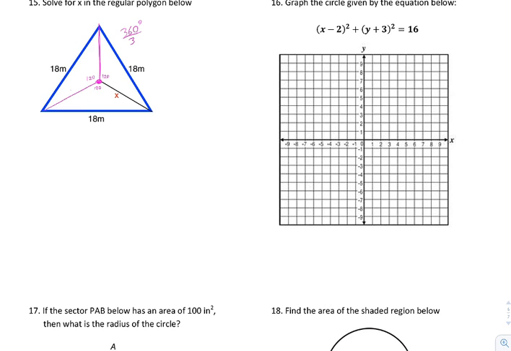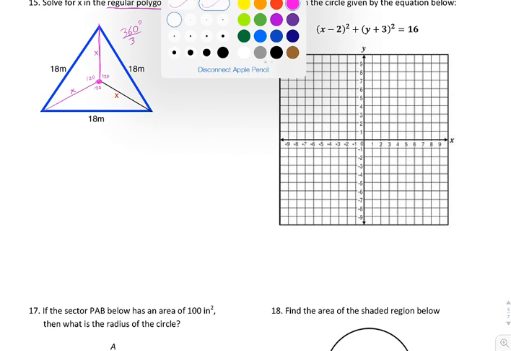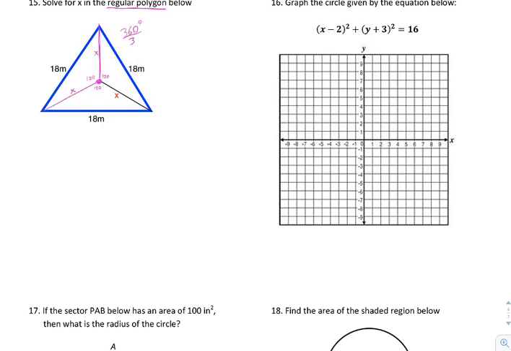Now, since that's the center, and this is a regular polygon, each length here is x. And so it really comes down to splitting that down the middle. It's an isosceles triangle. We get that perpendicular bisector. So we get a 9 here, a 9 here. This becomes a 60. And so we've got yet another 30, 60, 90 triangle.